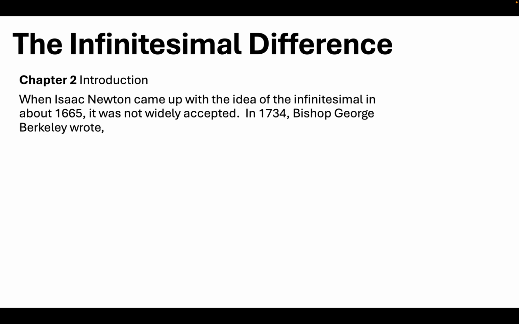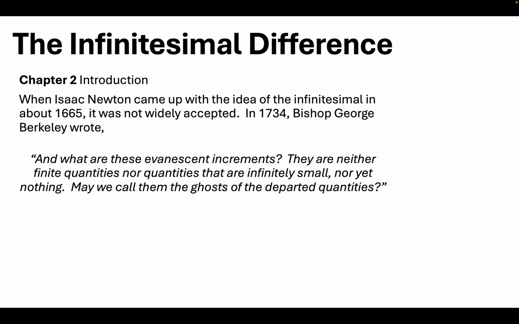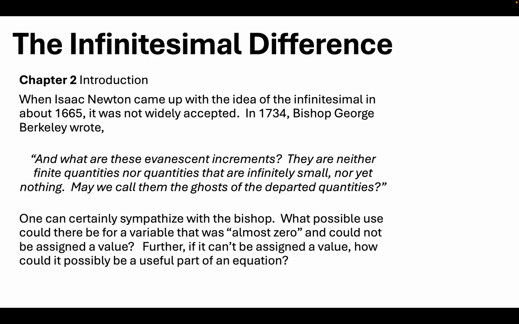So when Newton came up with the idea, the bishop wrote, "Look, what are these evanescent increments? They are neither finite, nor quantities that are infinitely small, nor yet nothing. Maybe we call them the ghost of the departed quantity." He's even making fun of Newton because of this idea of the infinitesimal. And of course, it makes sense.